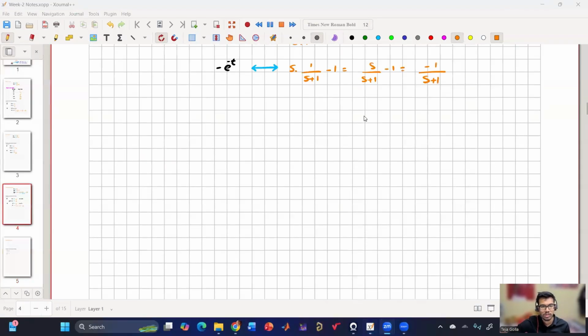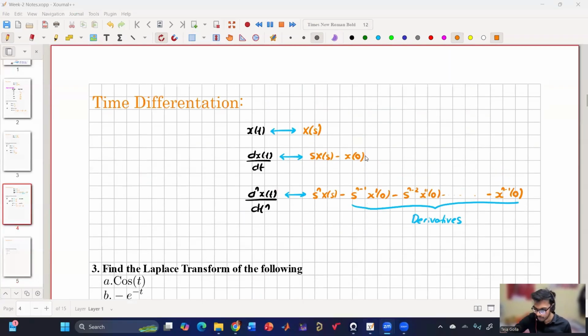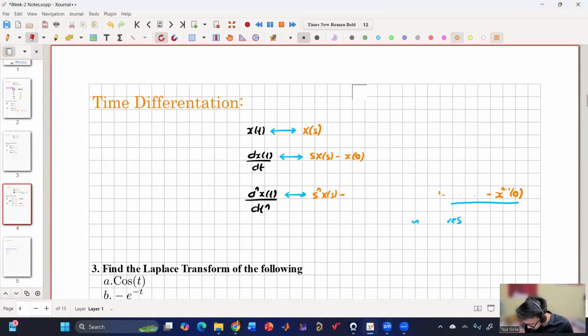One small mistake that I have made, let me correct myself. So it is s to the power n, after that we'll have x of 0. Let me rewrite the expression.